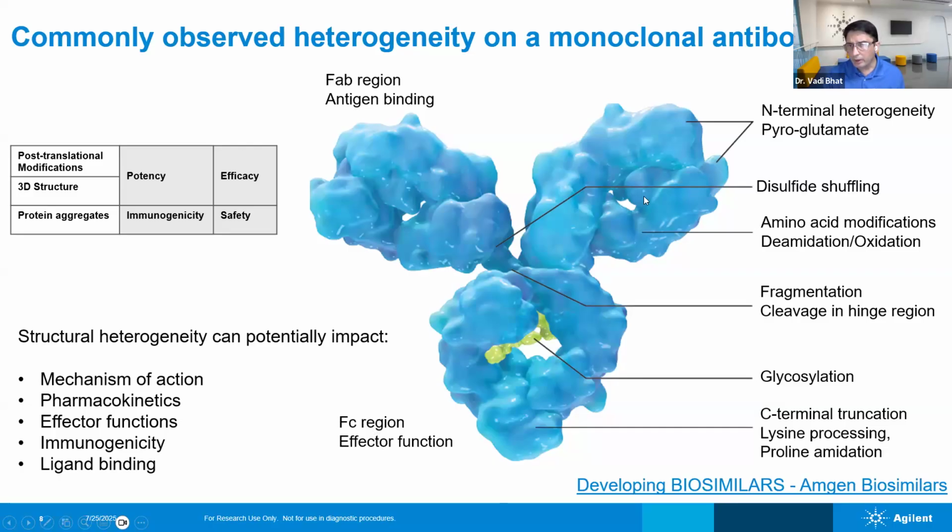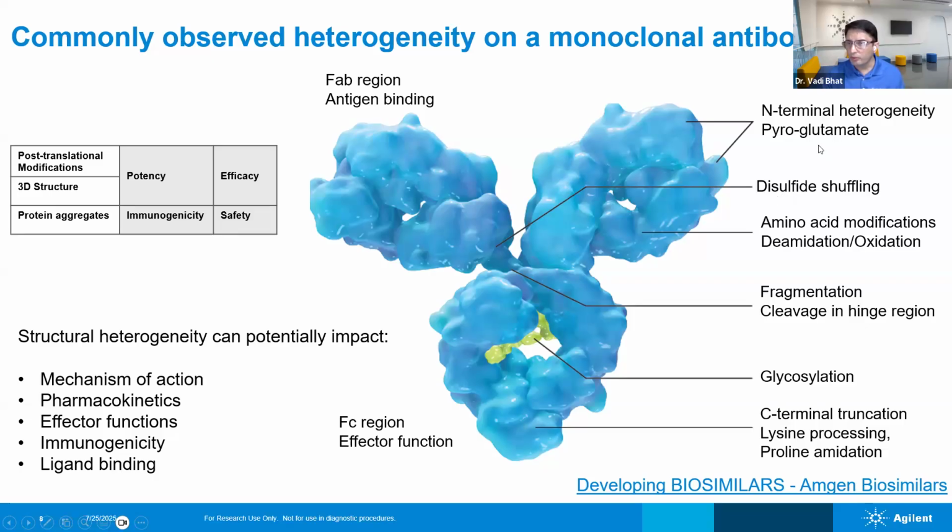Within the monoclonal antibodies, there are many things, right? One is glycosylation. Glycosylation is very important for its function. Also, to hold the heavy chains together, there is a disulfide bond. There is also a possibility of shuffling of the disulfide bonds, which can have an impact on structure and function.